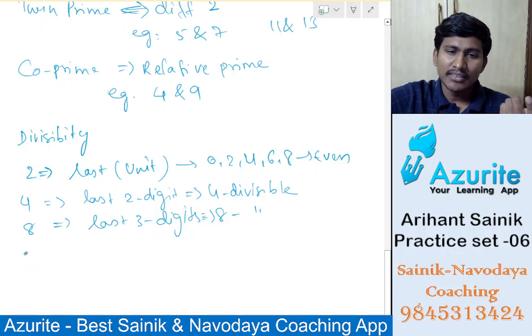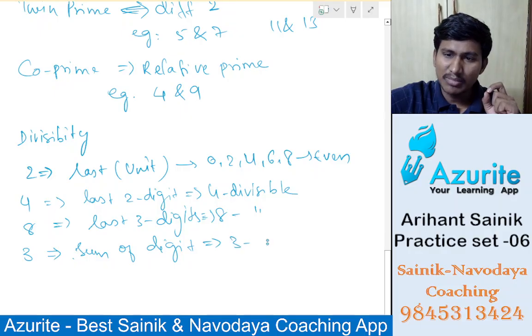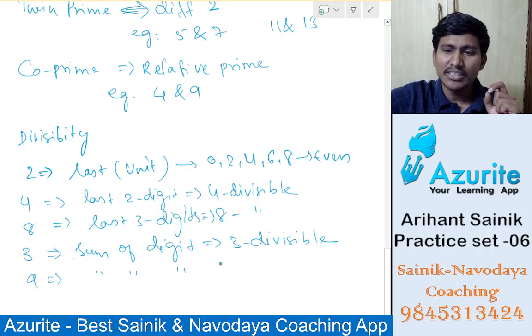Now after that, 3. The sum of digits should be divisible by 3, that is in the 3 table. Okay, for 9, the sum of digits should be divisible by 9.